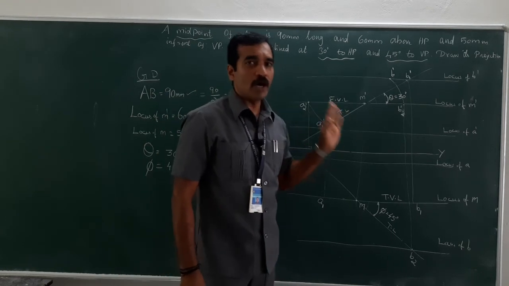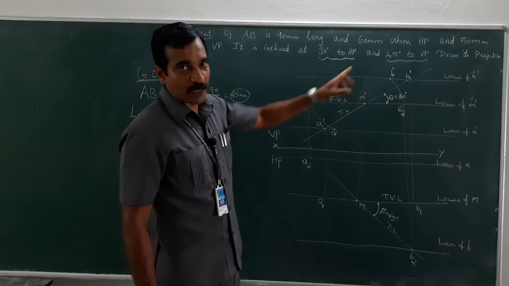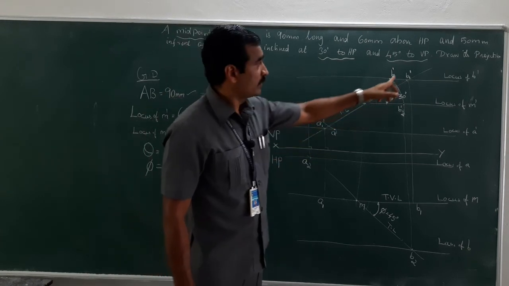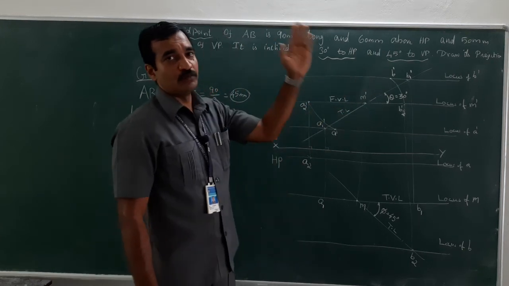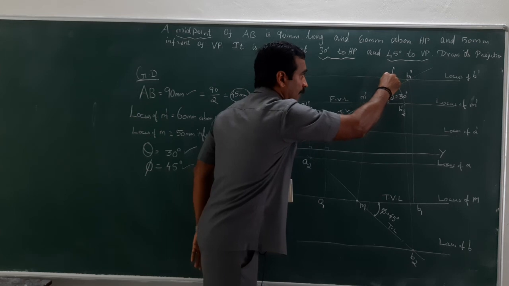Now we'll have to draw a line which starts from A dash, passes through M dash and B1 dash. It should be on the same line like this.